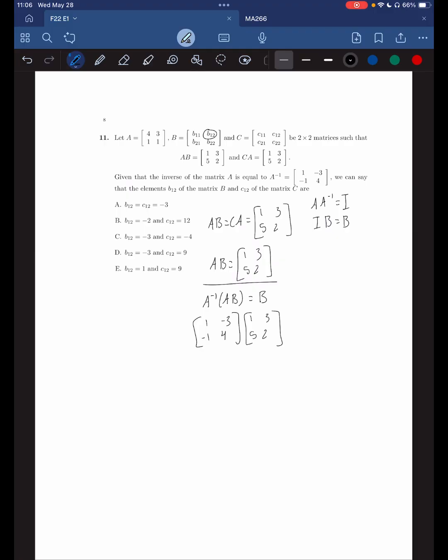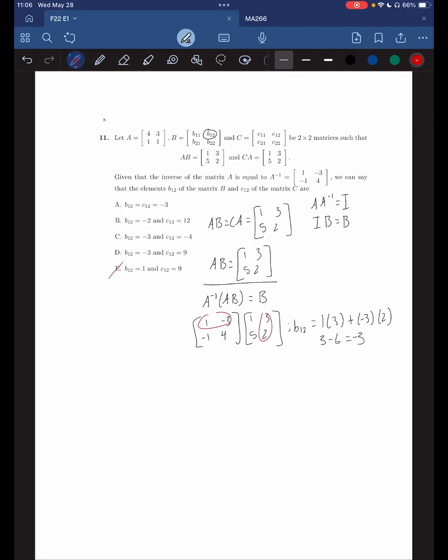Right, and that's in our first row, second column. B12 is equal to 1 times 3 plus negative 3 times 2. 3 minus 6 is equal to negative 3. So B12 is negative 3.